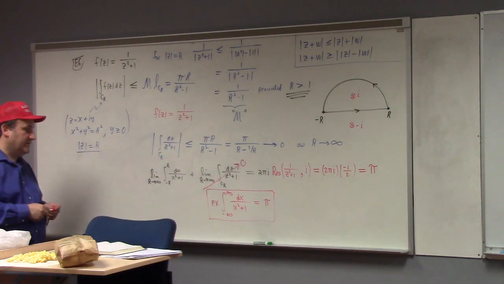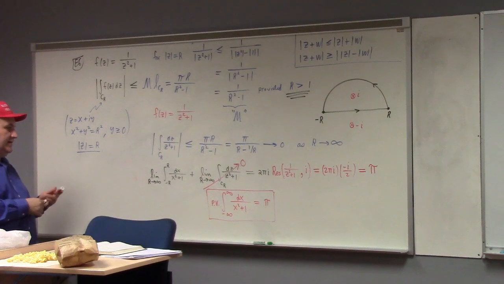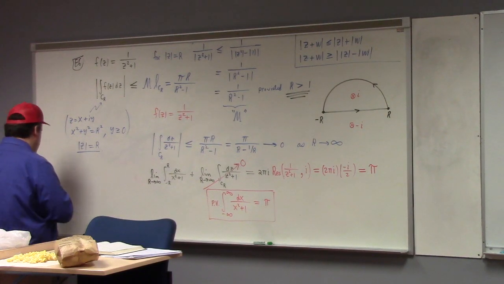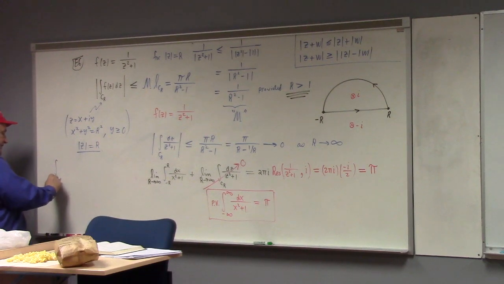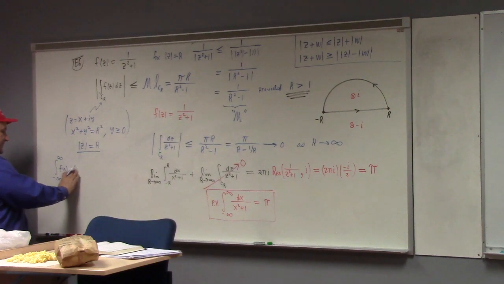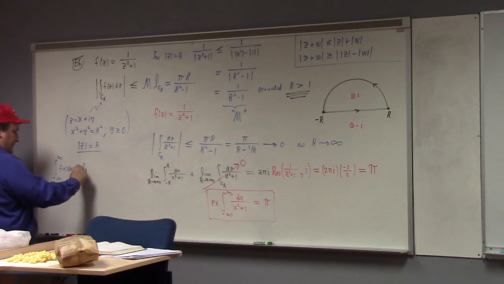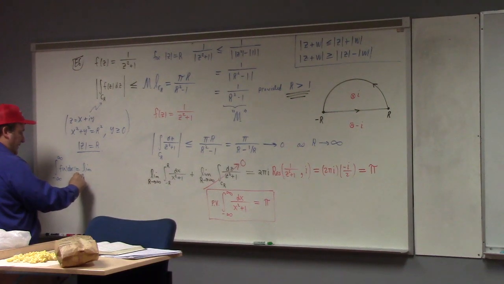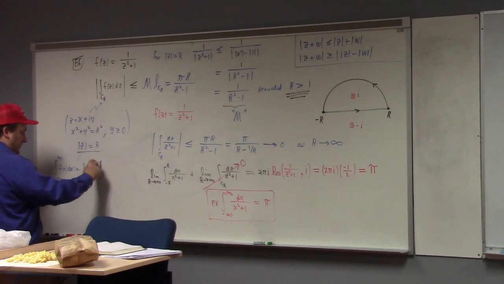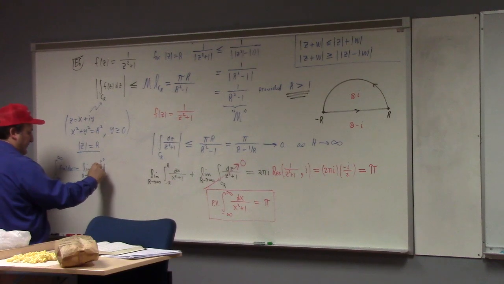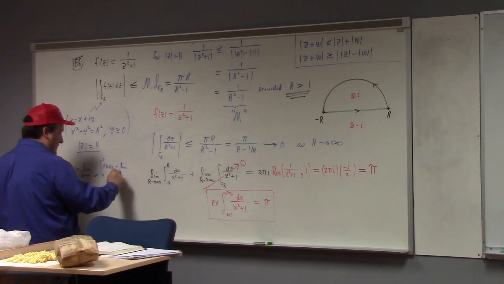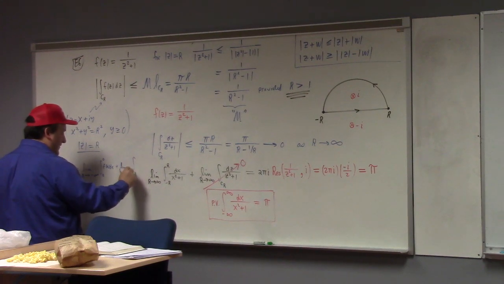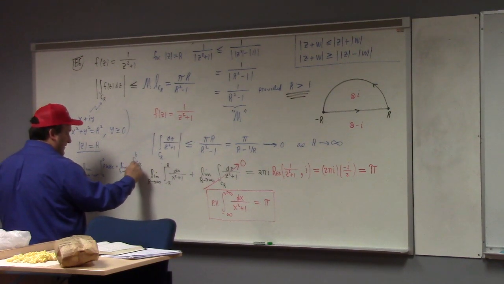The reason for principal value is that, technically speaking, you may remember this, you may not, from Calc 2, when we define the integral from minus infinity to infinity of f of x dx, technically speaking, we've got the limit as, let's say, a goes to minus infinity of the integral from a to 0 of f of x dx, plus the limit as b goes to infinity of the integral from 0 to b of f of x dx.